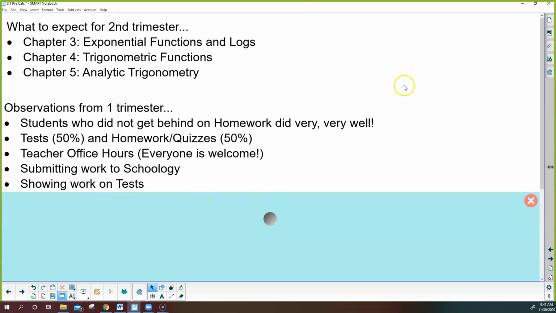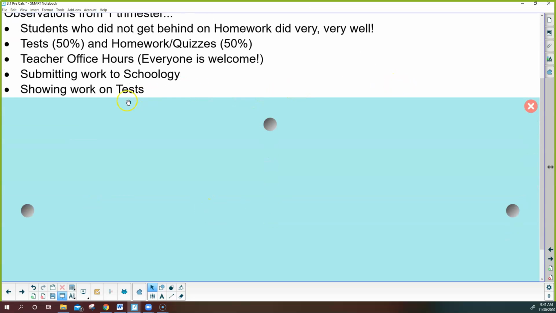All right, a couple of big items here is when we show work on tests. I'll remind you again before we take our tests, but you need to show work for every problem, unless it's a problem that definitely requires no work. But that work should also match the work that we teach in class. What I've noticed is that students are using some alternative source.